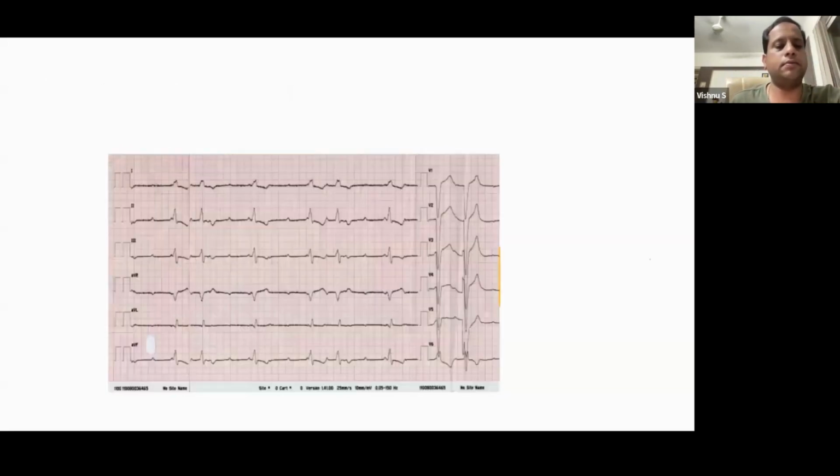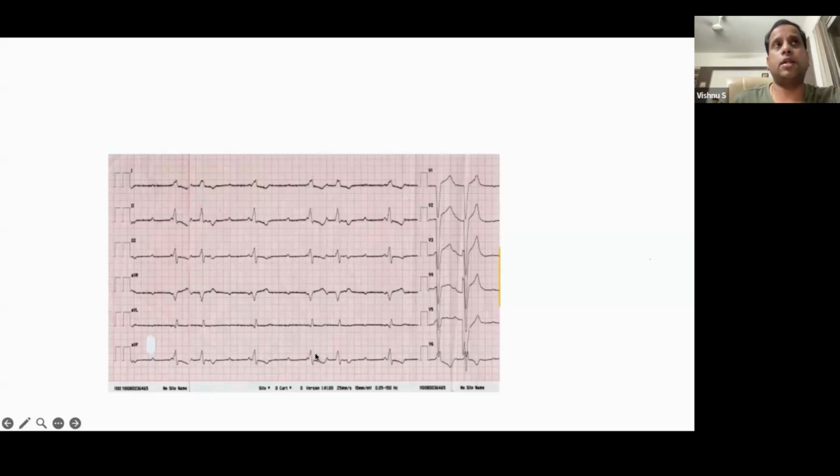And this one is high grade AV block. The atrial rate is high. In complete heart block with a regular escape, as already told, the RR interval will be the same. This is high grade AV block because more than two P waves will be there before the QRS.